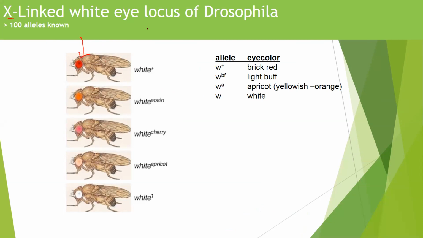So in the past, for simplicity, we only talked about 2 alleles, probably W or small w, but in nature, actually, there are many alleles. There are more than 100 alleles, which means there are probably more than 100 different eye colors in fruit flies.